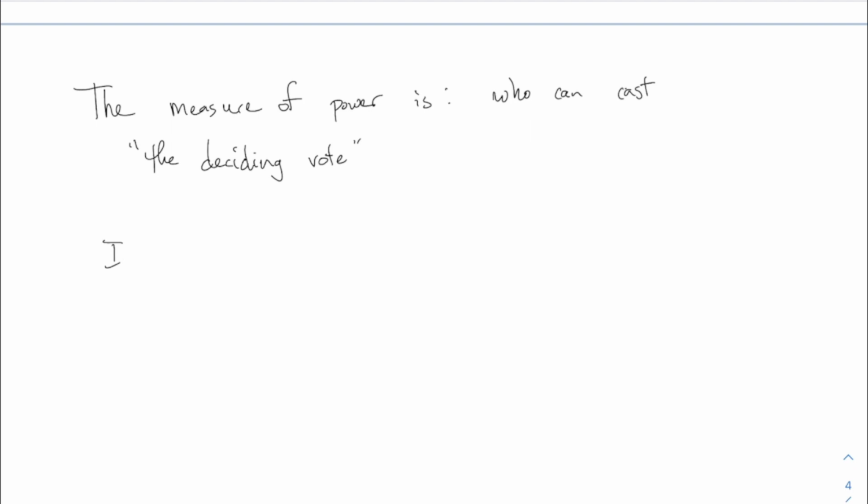For example, in this weighted system, let's say the quota is 6, and then my weights go 3, 2, 1, 1, 1, like that. All right. Now, when we do the Shapley-Shubik, it is convenient to give names to the voters, and I'm always just going to call them A, B, C, D, E. It's helpful to have the names just because you want to be able to tell the difference between the 3 different ones.